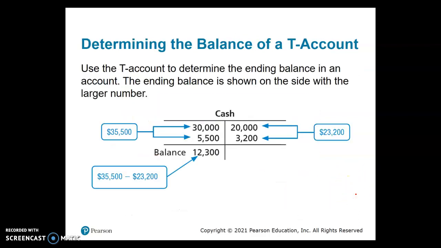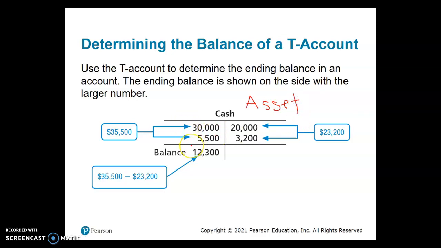All right, the next slide, determining the balance of a T account. It says use the T account to determine the ending balance in an account. The ending balance is shown on the side with the larger number. So cash, that is an asset account, and so the normal balance should be a debit because that's where we show increases.